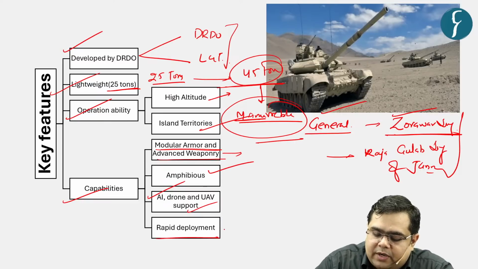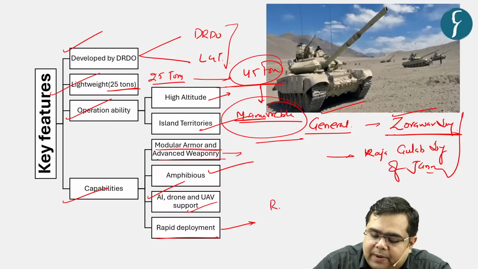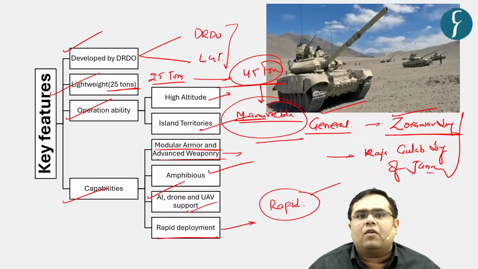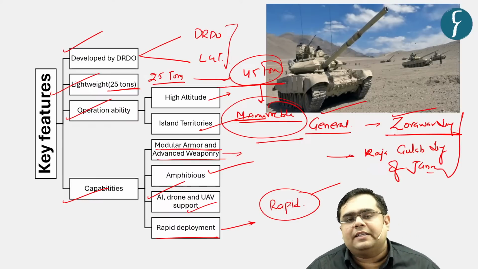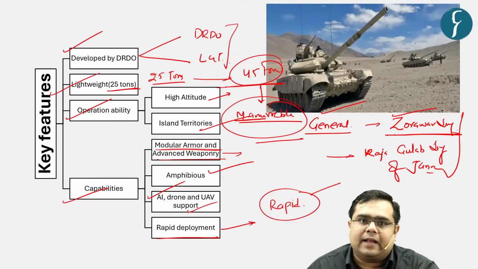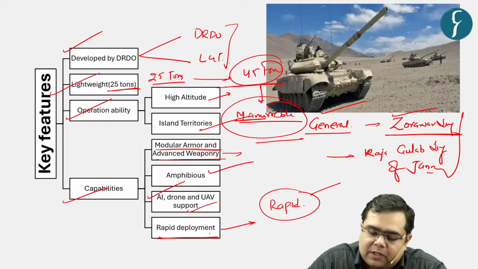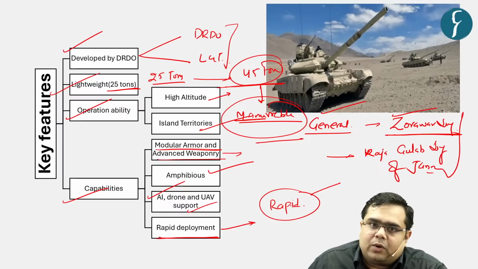And the most important feature is the rapidness in the deployment of this tank. As of now, we have deployed the T-72, that is the Arjun tank, on the border. Although it is also equally competent and efficient, first of all, the problem lies in its deployment. It took a lot of time for us to respond in the context of the Pangong Tso crisis.